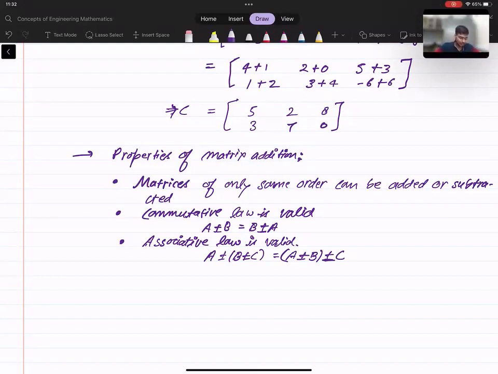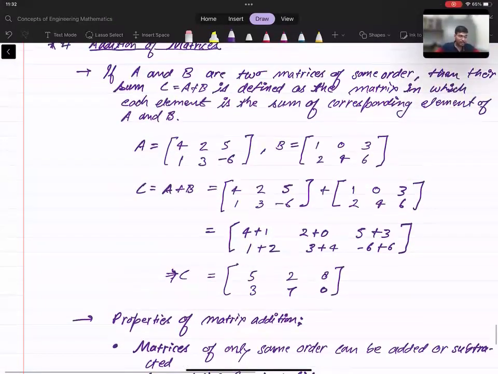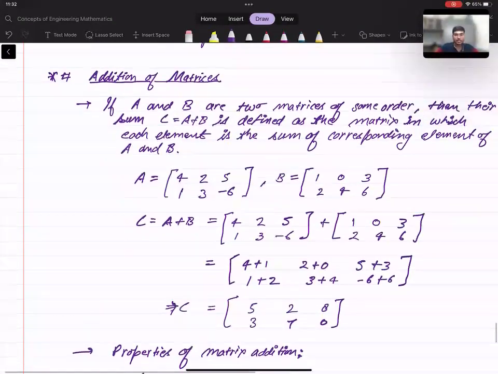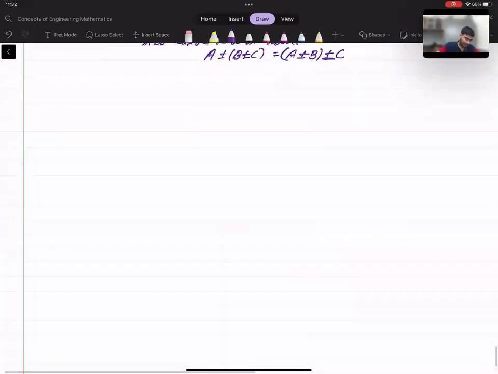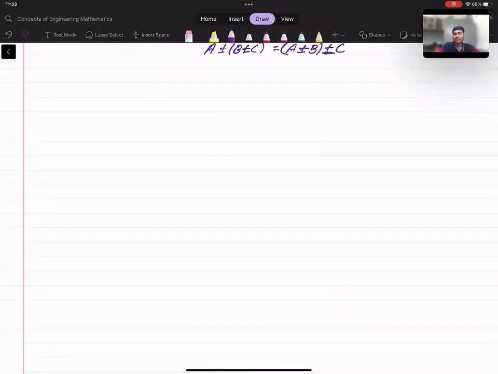Now let us see the scalar multiplication of matrices. Okay, so there is a difference between matrix multiplication and scalar multiplication of a matrix. Matrix multiplication basically means multiplication of a matrix by another matrix.